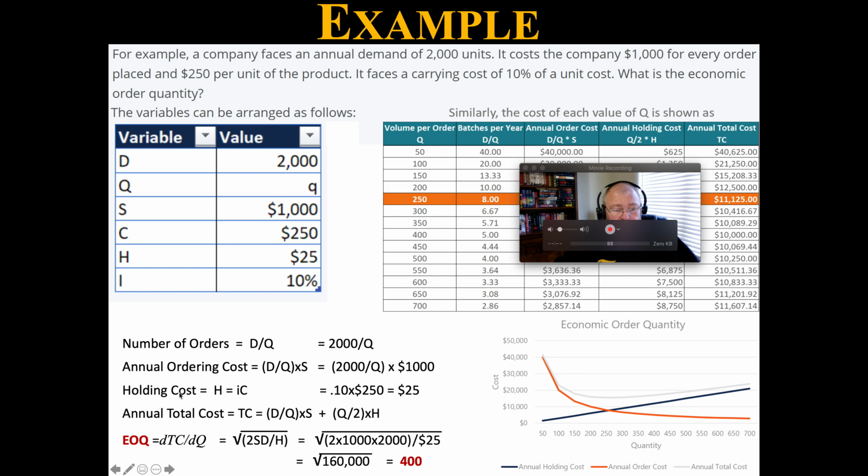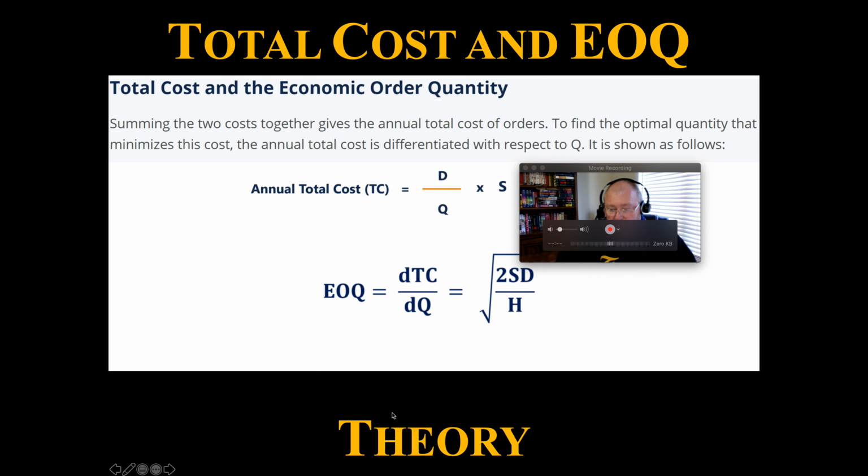We know what the holding cost is per item, $25. And we have the formula for the annual total cost. It is D divided by Q times S, which is the annual ordering cost, plus Q over 2 times H, which is the holding cost.